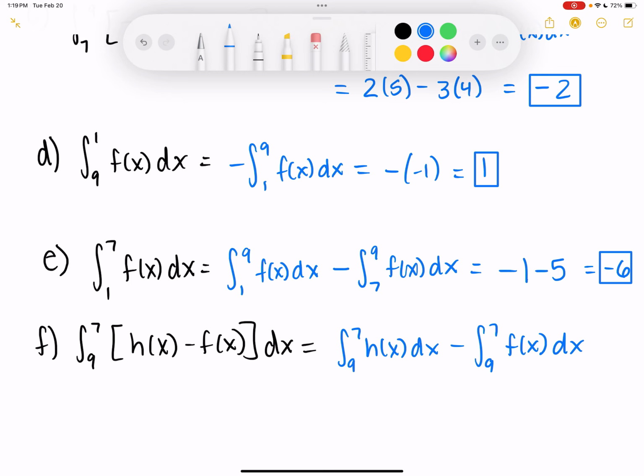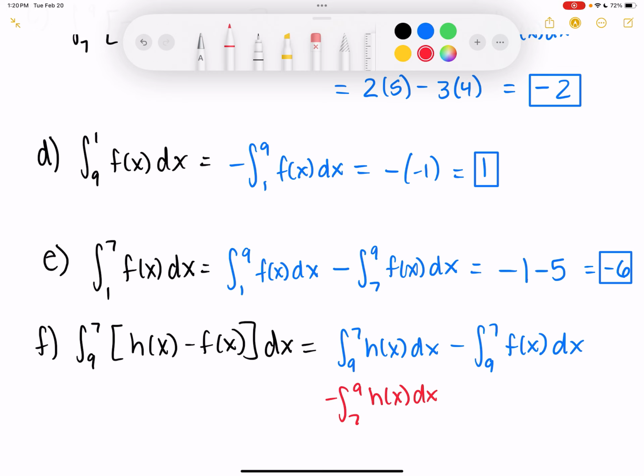Now what do I need? Order of integration, so I'm going to put a negative out front of both. However, this is going to give me 7 to 9 for h of x with obviously the negative out front. But when I put a negative out here, what happens?